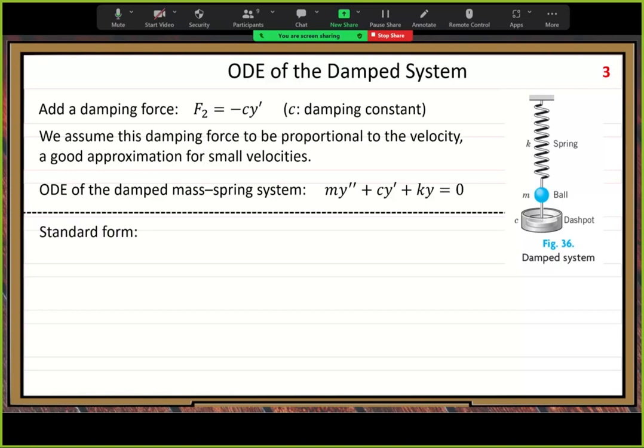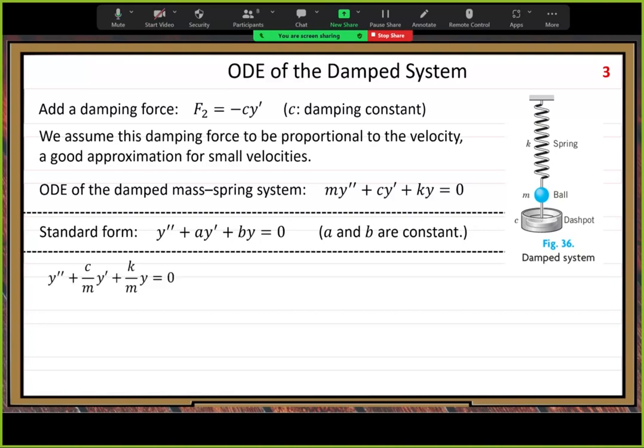All right. Standard form, a and b. We studied the standard form before, and here we apply it. Then we look at its characteristic equation, lambda squared and so on. Then we look at the discriminant.